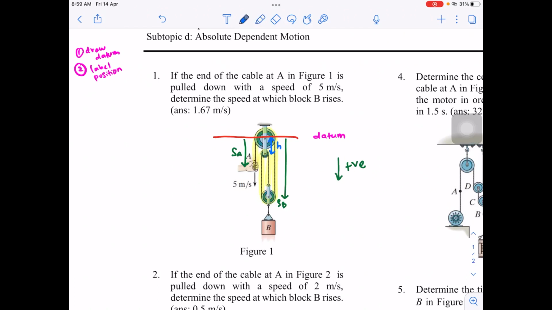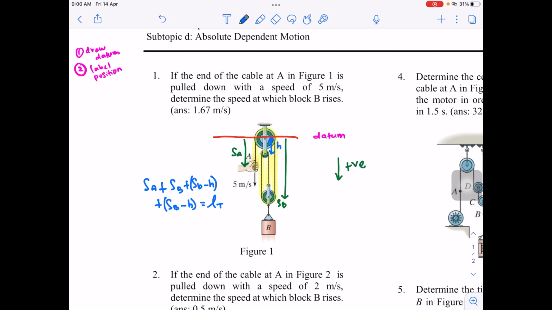So kita akan ada SA plus, and then panjang ini SB, panjang ini SB, and then panjang yang ini adalah SB tolak H, SB tolak H. Kemudian panjang yang ini sama, SB tolak H plus SB tolak H equals, ya.